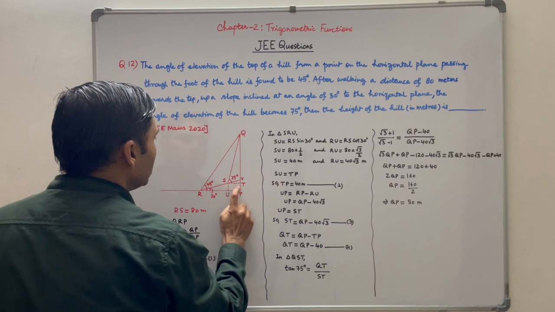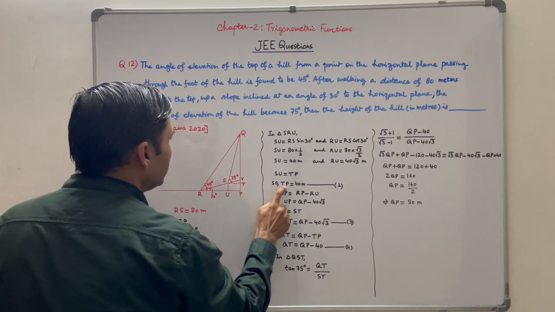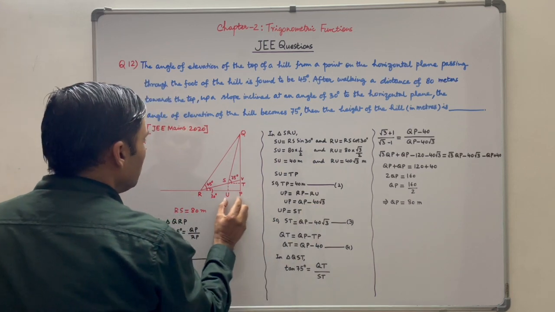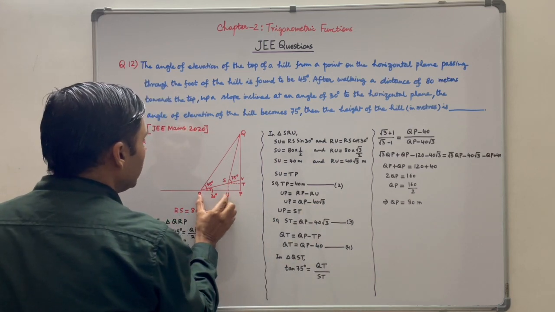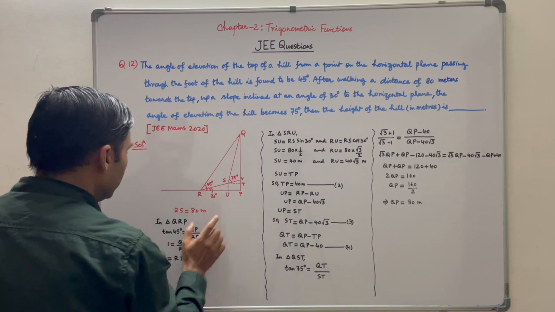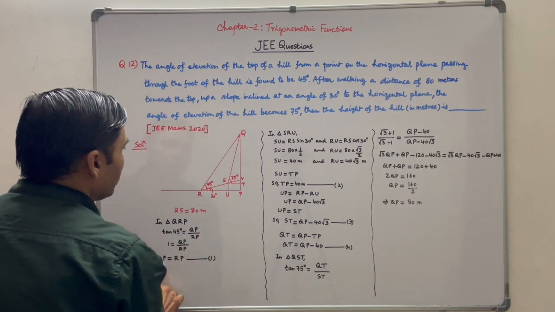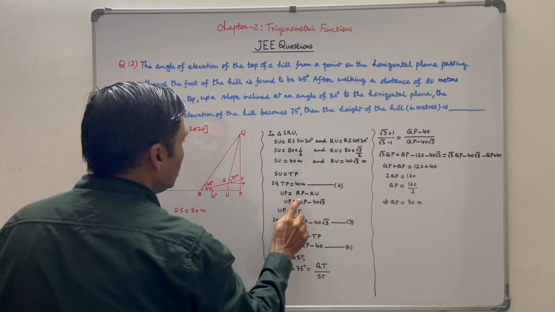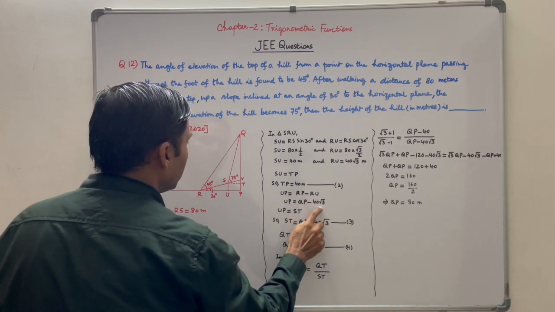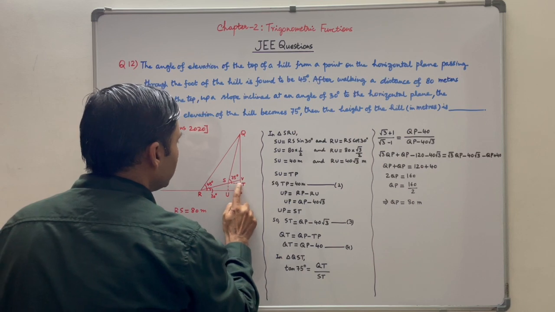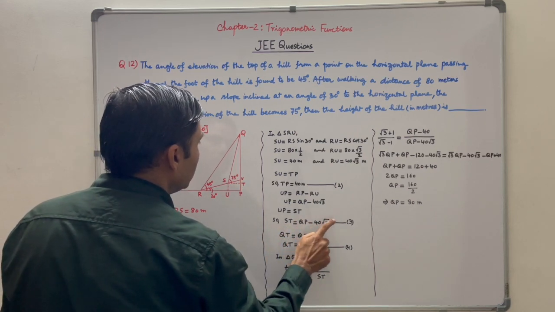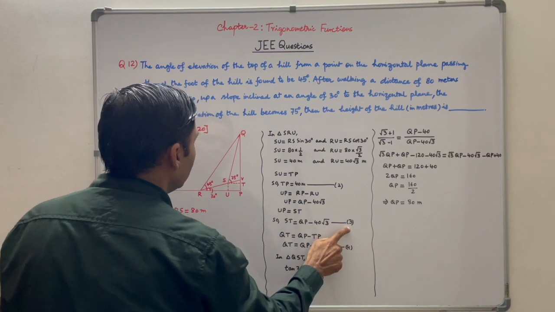Now SU is equal to TP. So TP is equal to 40 meter. This is our second equation. UP is equal to RP minus RU, and RP is equal to QP and RU is equal to 40 root 3. So UP is equal to QP minus 40 root 3. UP is equal to ST. So ST is equal to QP minus 40 root 3. This is our third equation.